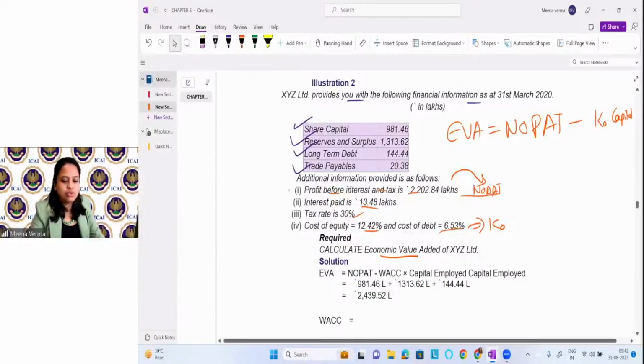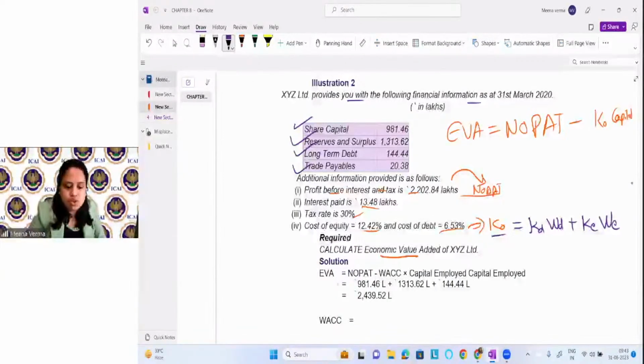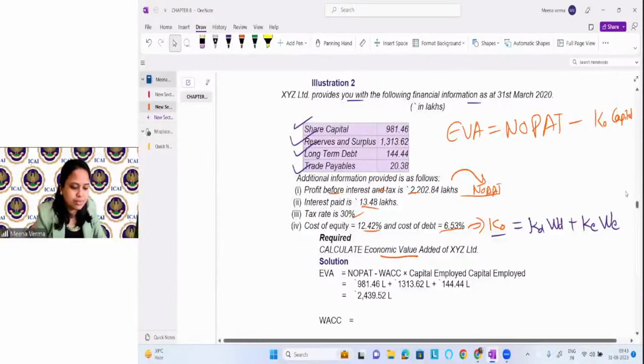Now the point is that if you will see how to find overall cost of capital, you will see cost of debt, weight of debt, plus cost of equity and weight of equity. You will use this formula to find out the overall cost of capital. Okay. So I hope you got some idea that how we can solve it.